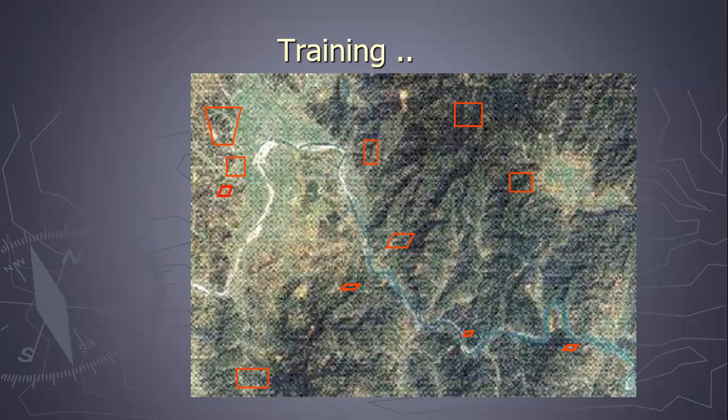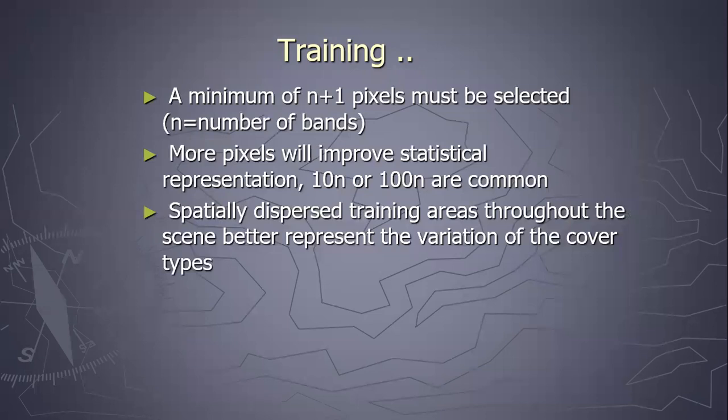When we are taking a single set of training samples, that place has different bands, fine. So we are taking these training sets. More pixels will improve statistical representation. 10 or 100 pixels are common.